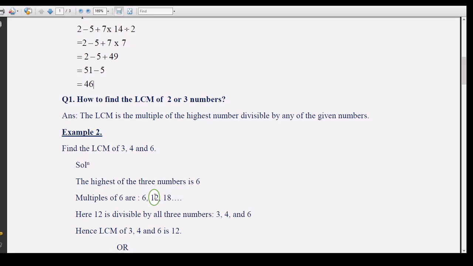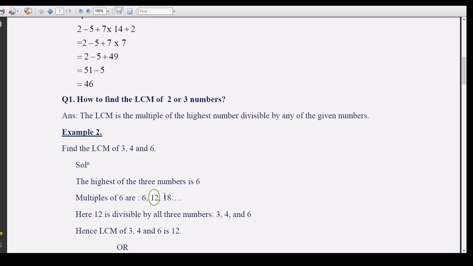This means 12 is the common multiple of all these 3 numbers, 3, 4 and 6. Hence the least common multiple of all these three numbers is 12.